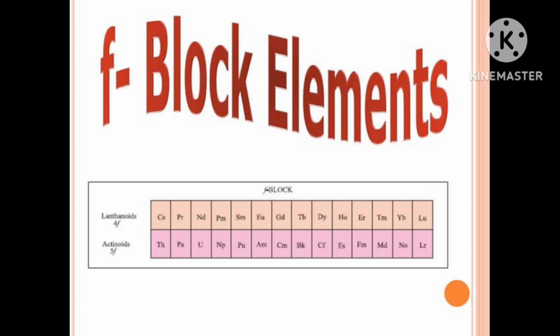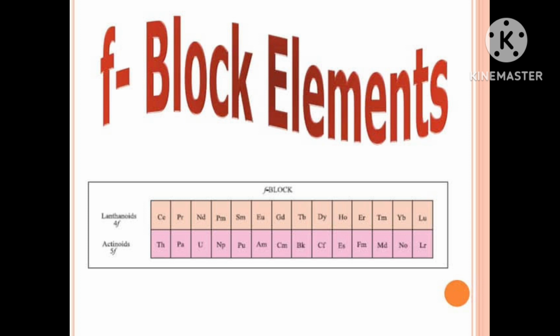Again, the consequence of lanthanoid contraction is that it causes the radii of the members of the third transition series to be very similar to those of corresponding members of the second series. The almost identical radii of zirconium, Zr, 160 picometer, and hafnium, 159 picometer, are a consequence of lanthanoid contraction.